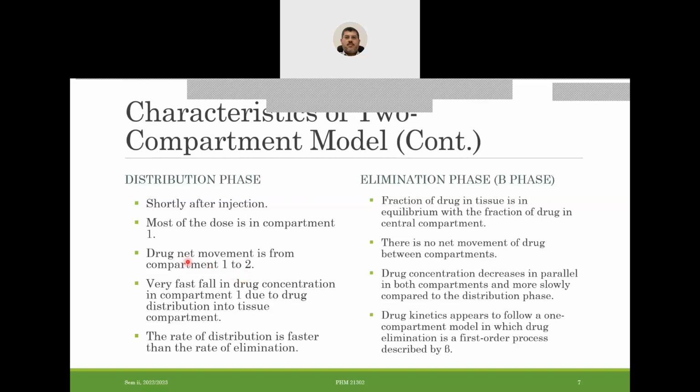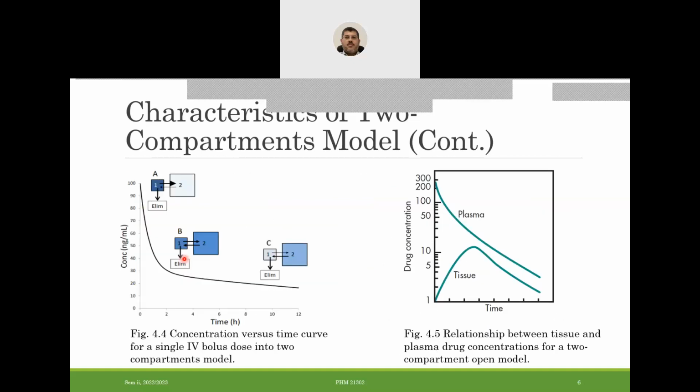When I say net movement, I mean there will be a change in the ratio between the drug in compartment 1 and compartment 2. So yes, in the distribution phase, the ratio is changing. Compartment 1 to compartment 2 is higher, and then it keeps distributing to compartment 2, so the ratio is decreasing, right? We call this the net movement. But here, after the equilibrium is established, there is no net movement.